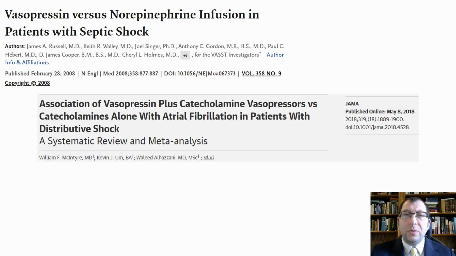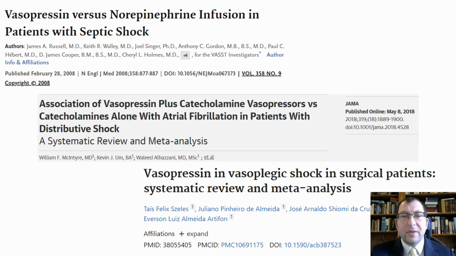In his trial, he showed decreased atrial fibrillation in patients treated with vasopressin. Finally, Zelis did a meta-analysis of 10 trials looking at primarily vasoplegic shock and found a trend towards shorter hospital stay, but the results were not statistically significant.